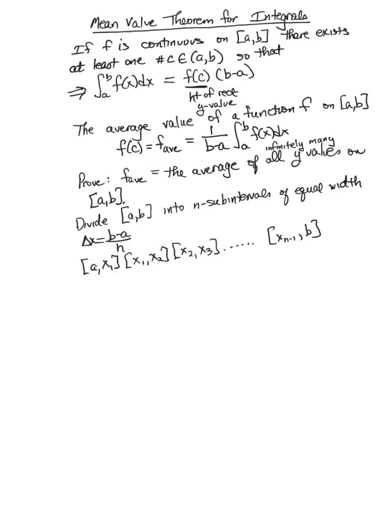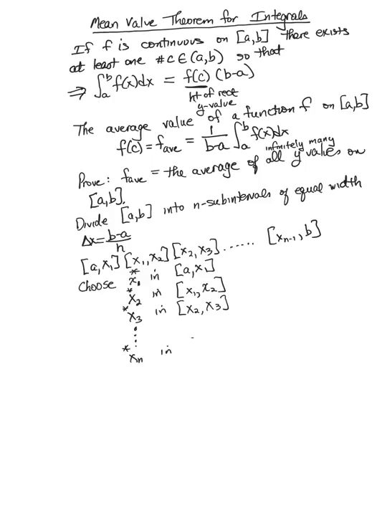And what we're going to do is choose arbitrarily an x value in each subinterval. Because this x value is special, I'll choose x1 star in the first subinterval, x2 star in the second subinterval, x3 star in the third subinterval, all the way to xn star in the last subinterval.